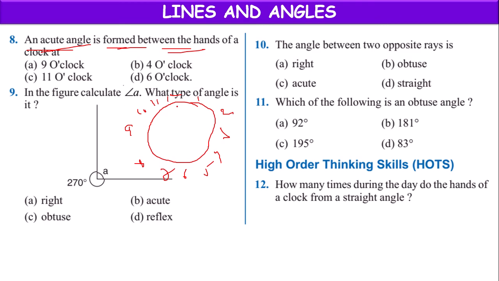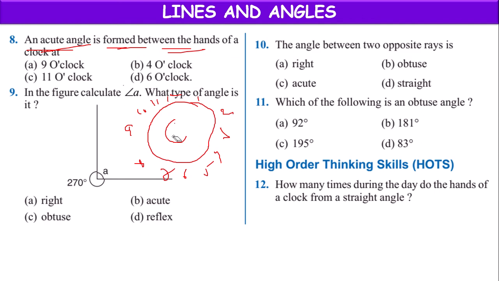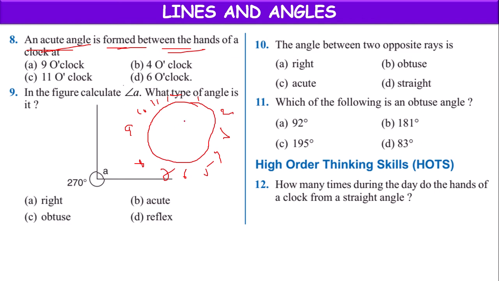4 o'clock. 12 to 4 gives an obtuse angle and a reflex angle. No acute angle. So it is also wrong. 11 o'clock. 12, 11 gives an acute angle and a reflex angle.